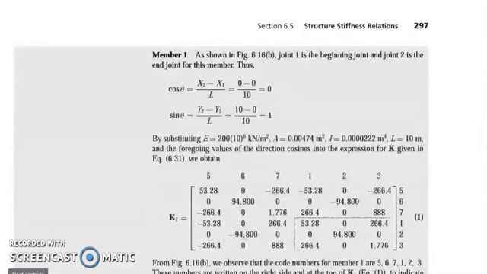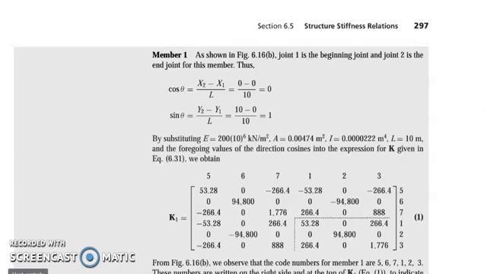Of course, for that, we can now identify for every member, you have to compute our K value, our capital letter K, which holds our stiffness coefficients in the global coordinate system. So that we can identify the value for our capital K, we need the values for our cosine theta and sine theta.